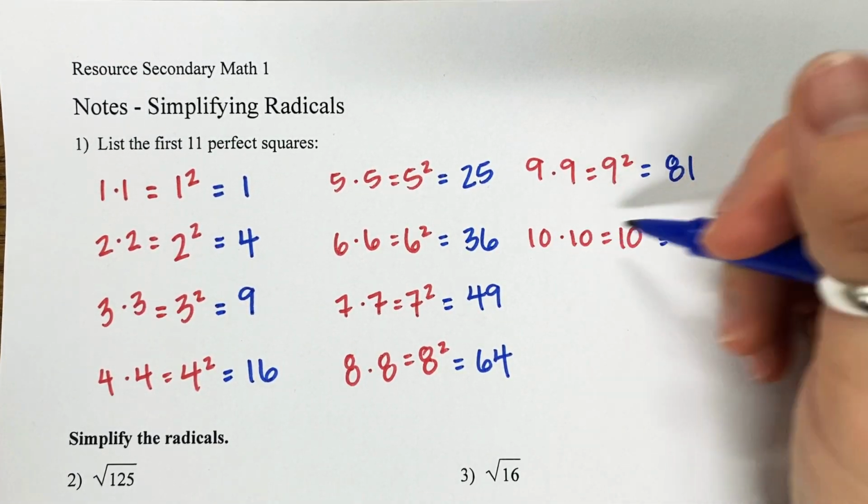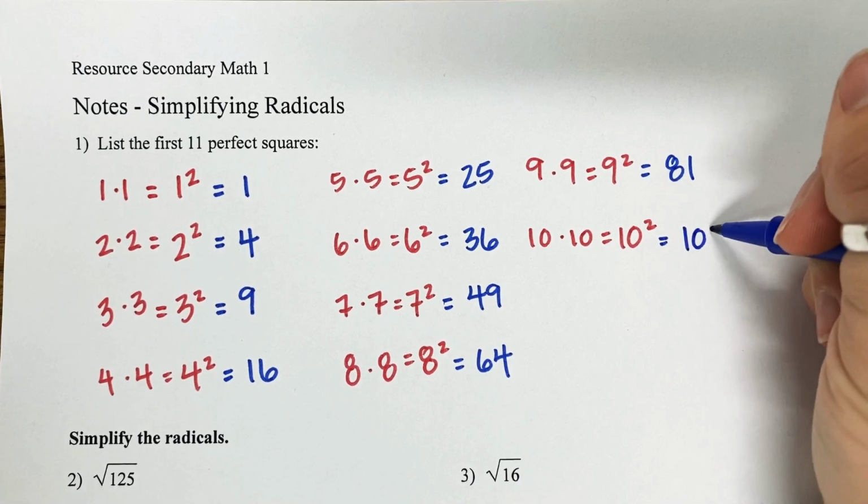And last, 10 times 10, or 10 squared, is 100.